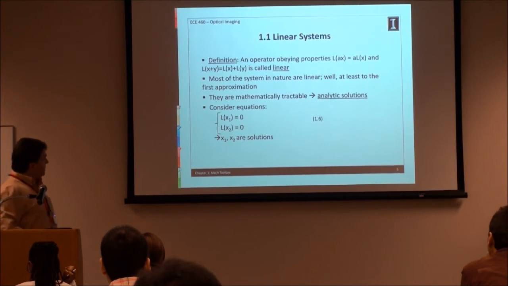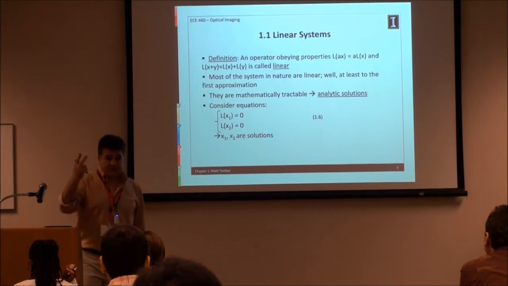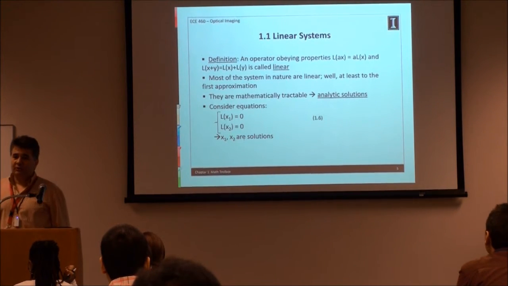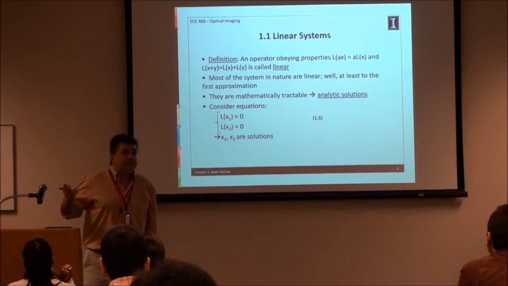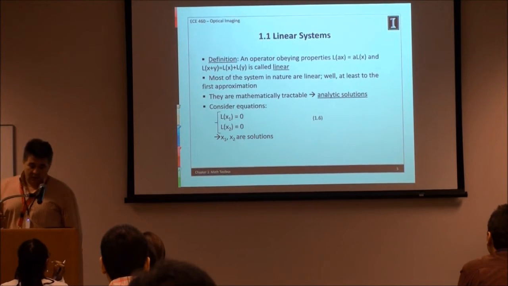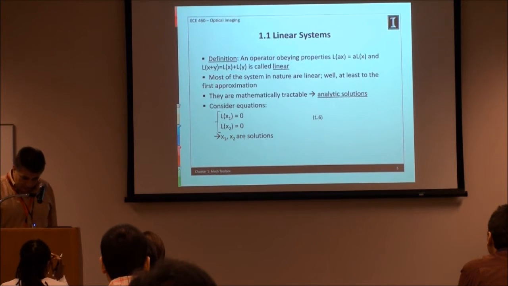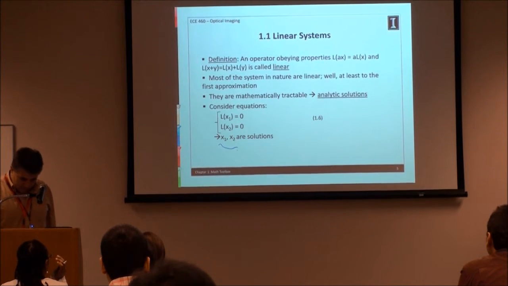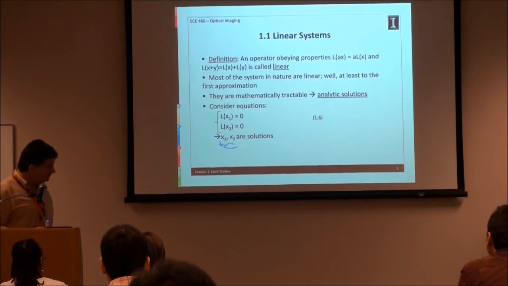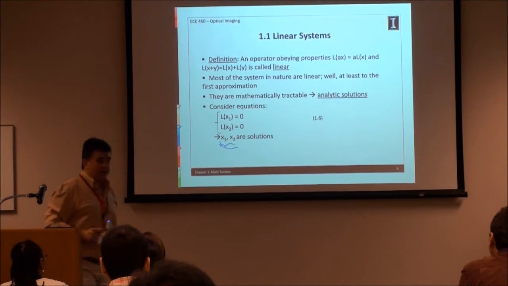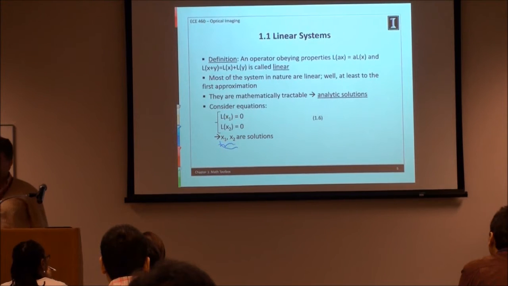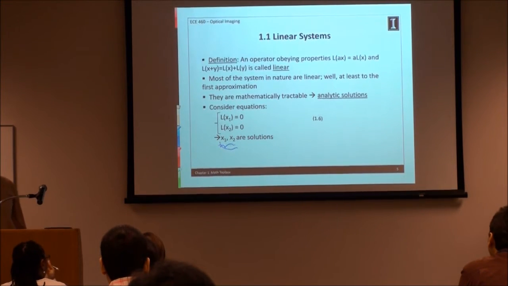Okay? So again, the operator that verifies those two properties is called a linear operator, and it just happens that the linear combination of differential operators is a linear operator. So here's one corollary, or one consequence of this. If x1 and x2 are solutions to the problem, to the mass on a spring.